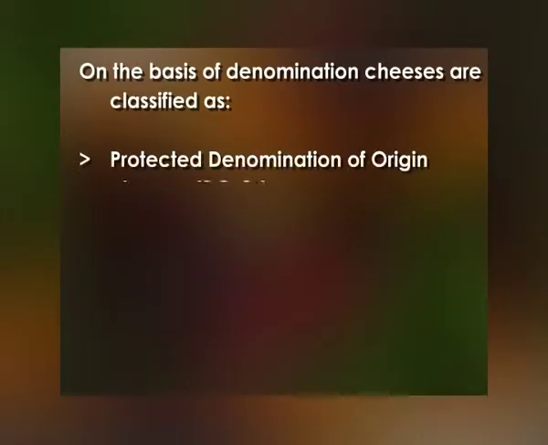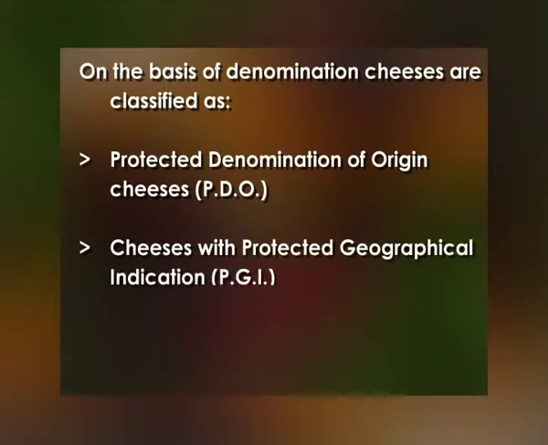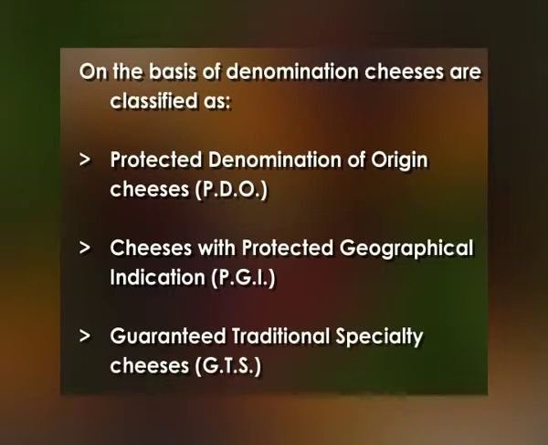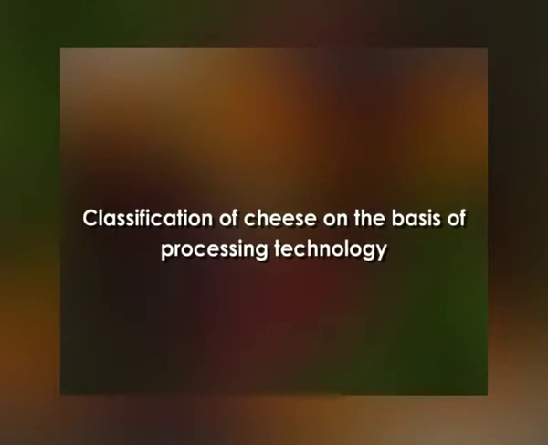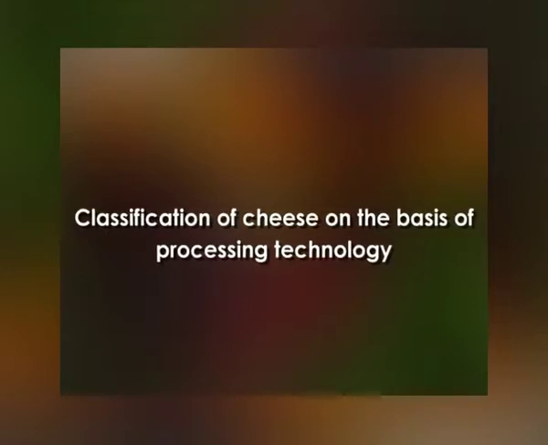Now, on the basis of denomination, cheeses are classified as protected denomination of origin cheeses, cheeses with protected geographical indication, guaranteed traditional specialty cheeses. Now, classification on the basis of processing technology.